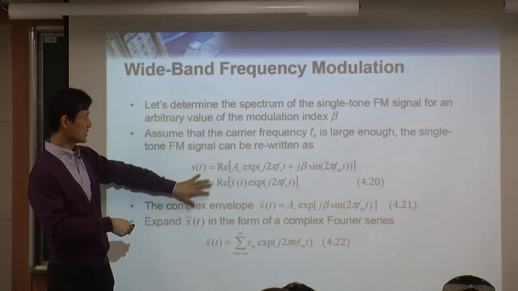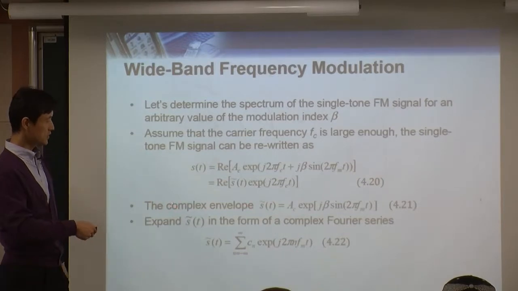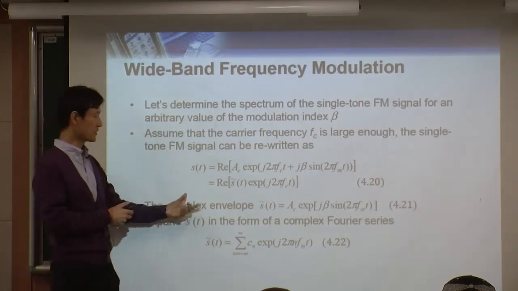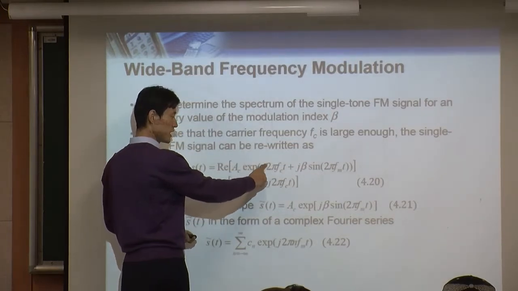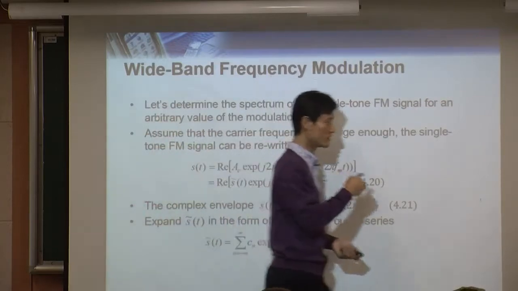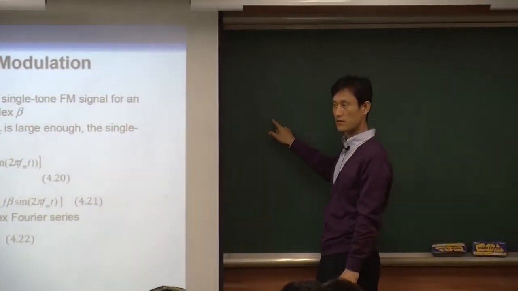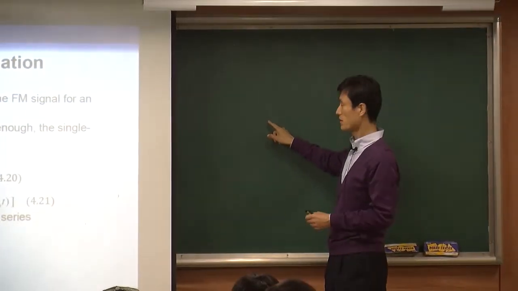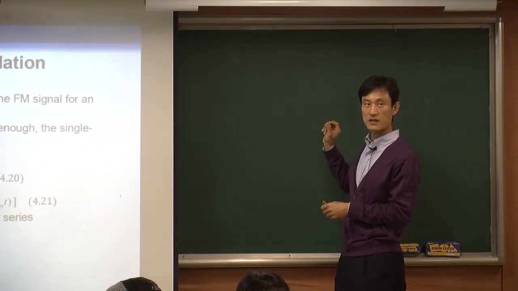We typically introduce this exponential of j because we want to call this one the complex envelope. When you introduce an exponential of j something, it is complex, right? Because exponential of j is cosine plus j sine. Think about the Euler equation: exponential jx is cosine x plus j sine x.